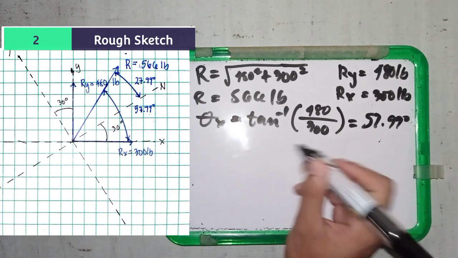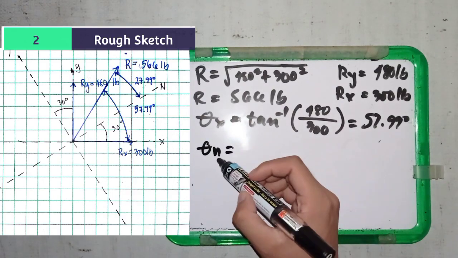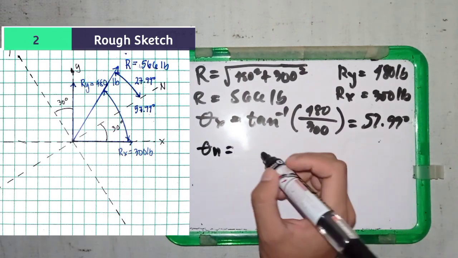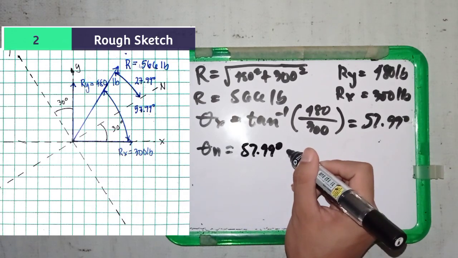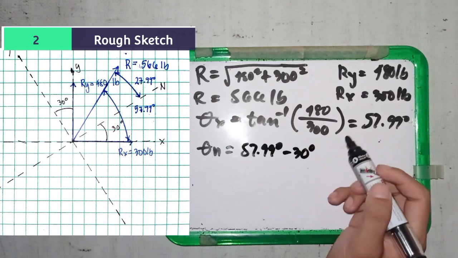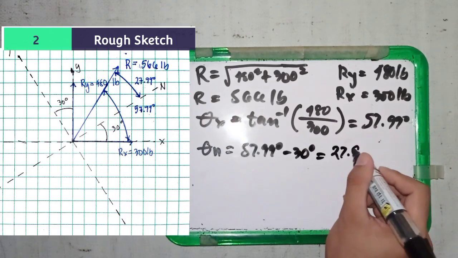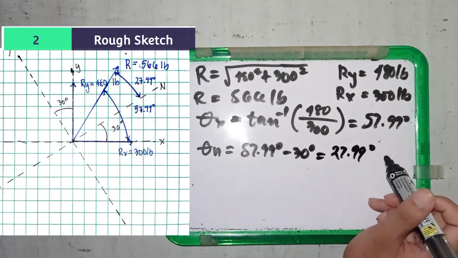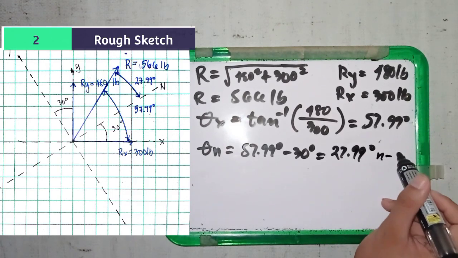So this will be theta n, because it is in terms of the n axis. So this will be 57.99 degrees minus 30 degrees, the counterclockwise rotation. And what we have here is 27.99 degrees in terms of n axis.